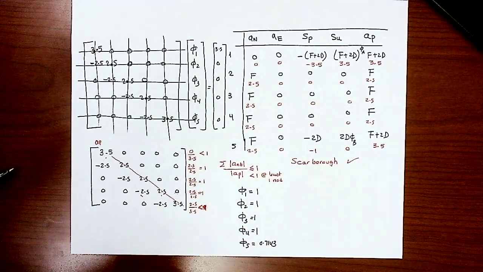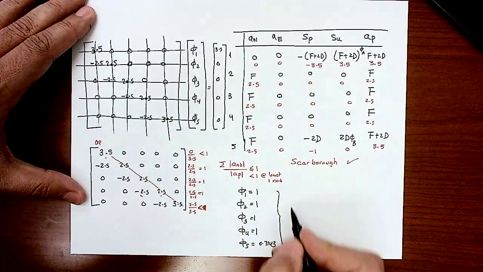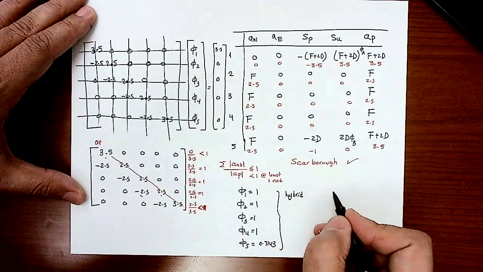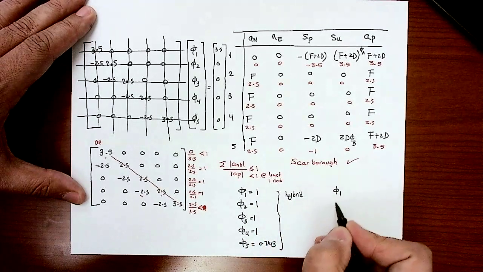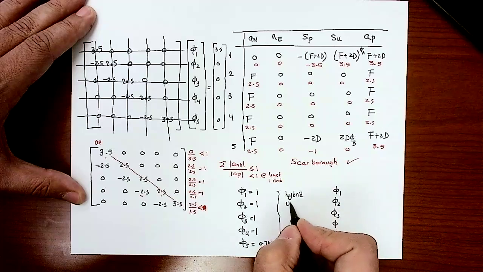If I compare that to the values of phi 1, phi 2, phi 3, phi 4, that's the hybrid upwind.